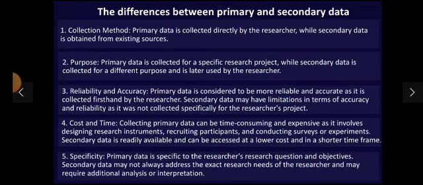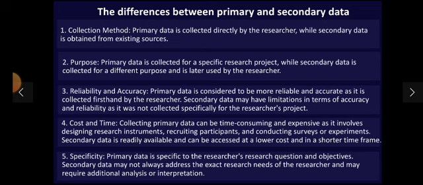Now, what actually is the difference between primary data and secondary data? The differences can be seen in the collection method. Primary data is collected directly by the researcher, while secondary data is obtained from already existing sources. Another difference can be seen in the purpose. The primary data is collected for a specific research project, while secondary data is collected for a different purpose and later used by the researcher.